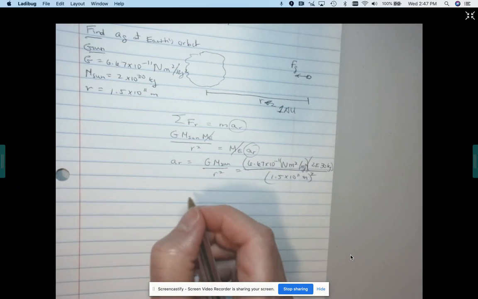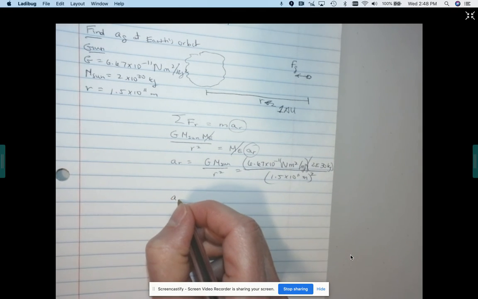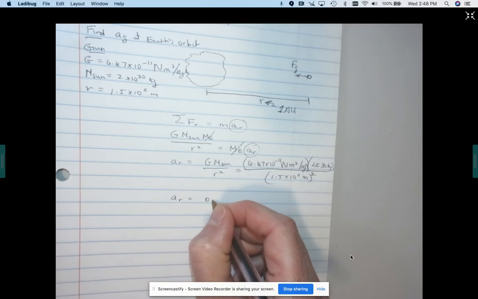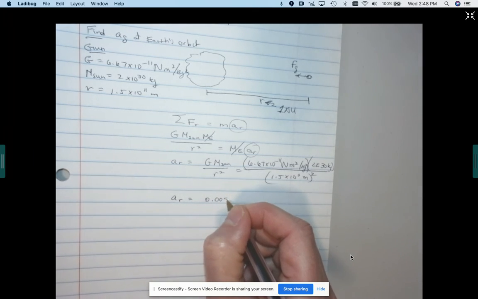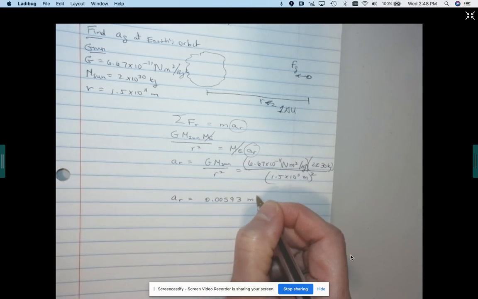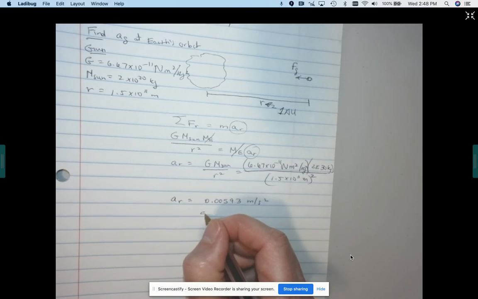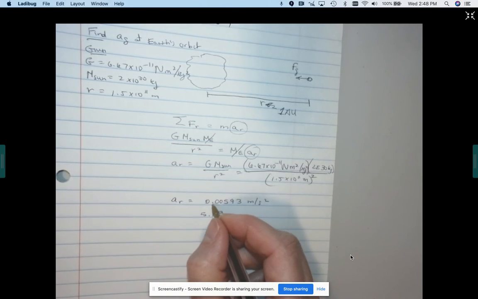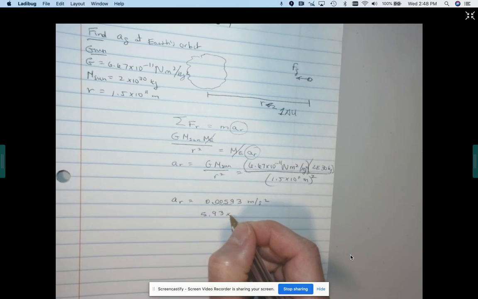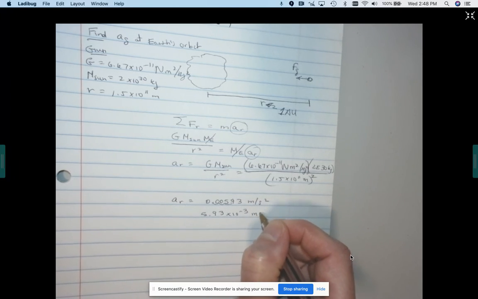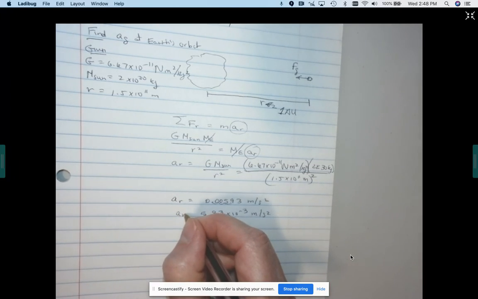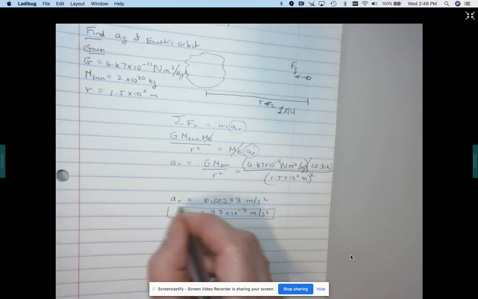And if we plug in those numbers, we should get that the acceleration due to gravity is 0.00593 meters per second squared. Or we can put that in scientific notation, 5.93123 times 10 to the minus 3 meters per second squared. Okay, that's the first one.